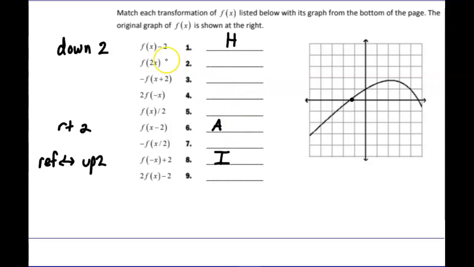Okay, let's try number 2. Number 2, what does a 2 inside do? Does it affect X's or Y's if it's inside? Affects X's. And it is a horizontal change; remember it's the opposite of what it seems, so it's what? Horizontal shrink by 2, or 1/2?